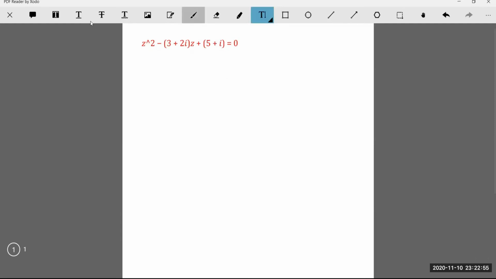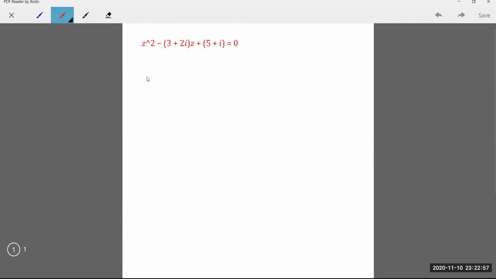So using the quadratic formula, z is equal to minus b, and minus of negative (3 plus 2i) gives us just 3 plus 2i. So that's minus b plus or minus the square root of b squared minus 4ac. b squared is going to be (minus 3 plus 2i) squared, so I'm just going to write (3 plus 2i) squared.